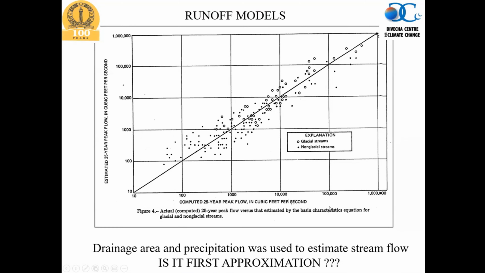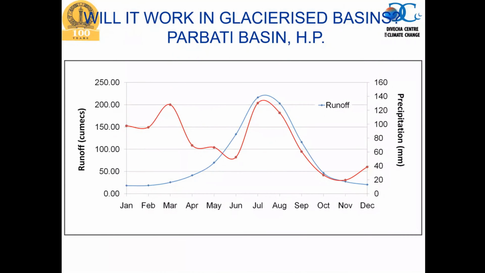The simple thing is to take a basin, measure the stream runoff, estimate stream runoff per unit area, and then correlate it with the geographical area of the basin.